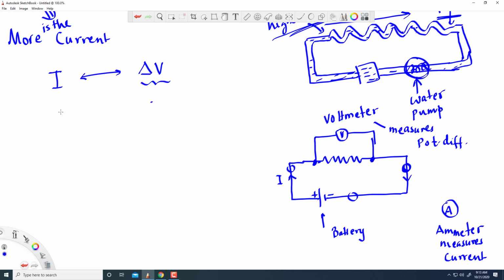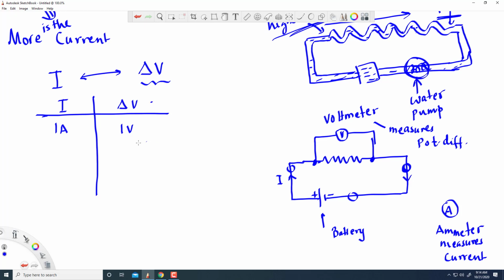So what kind of relationship is there between V and I? Let's say you have a current of 1 ampere, and for 1 ampere current, when there is 1 ampere of current flowing, you measure the potential difference here, and let's say it's 1 volt. Just assuming some number.